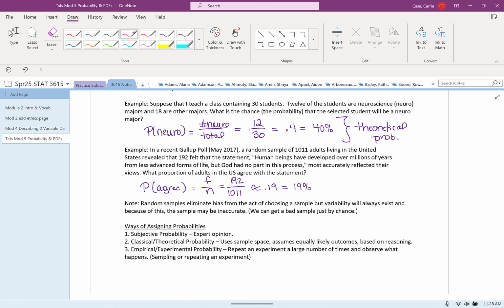And when we use a sample to say something about probability, we often put an apostrophe on this probability statement. Not everybody does it. You don't have to do it. This is experimental probability.